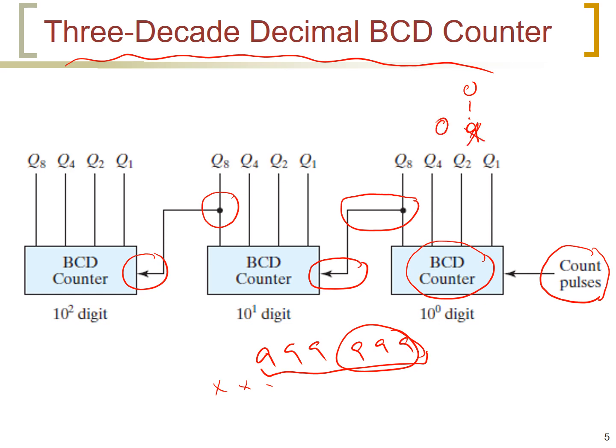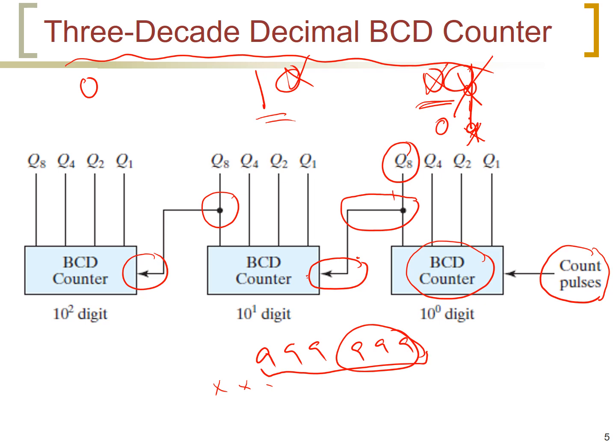When it goes back to 0, Q8 will move from 1 to 0, which means it will make this counter count. So we start with the counter 0, 0, 0, and when it reaches 9, this will be 0, and this will be 1. So it counts from 9 to 10, of course, because that's the 0, and that's the 1, 10.